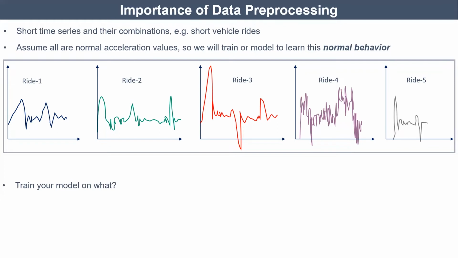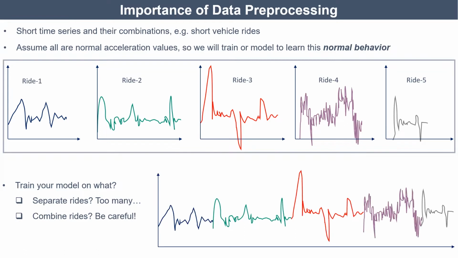So when we have many flights like that, how could we train our model to learn the normal acceleration behavior? Can we train models for each flight separately? That doesn't seem very reasonable when we have too many flights, and how are we going to combine them? Can we combine the flights just one after another?